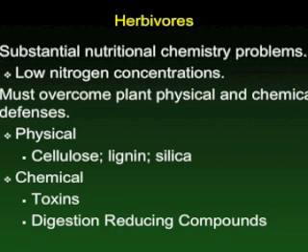And then the cellulose that plants have is almost indigestible and requires a special microfauna in the digestive tract of some herbivores in order to break that down. And some plants are just plain poisonous and can kill an animal if they're eaten.